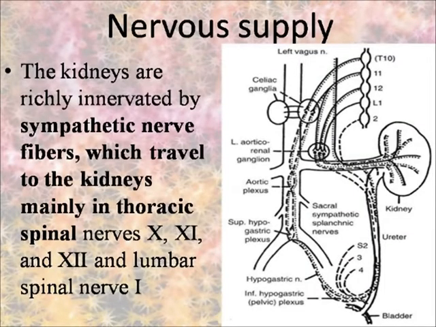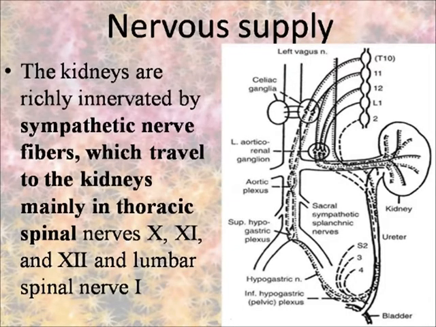Nervous supply of the kidneys. The kidneys are richly innervated by sympathetic nerve fibers which travel to the kidneys mainly in the 10th, 11th and 12th thoracic spinal nerves and first lumbar spinal nerve. Stimulation of sympathetic fibers causes constriction of renal blood vessels and a fall in renal blood flow.